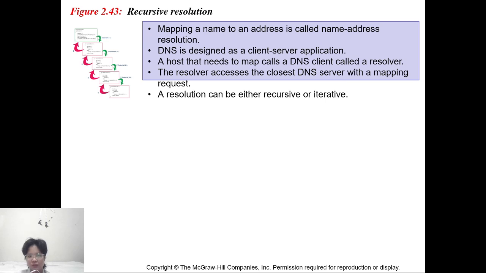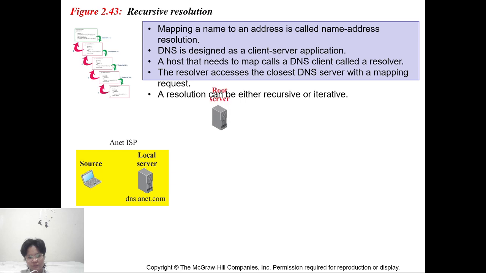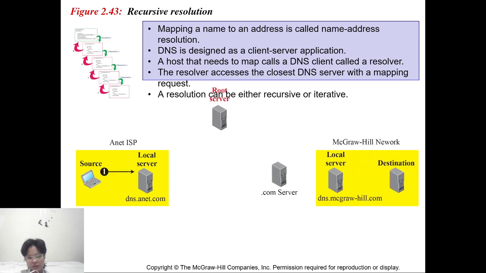The resolver accesses the DNS server with a mapping request. A resolution can be either recursive or iterative. You can see the root server and how to step by step.